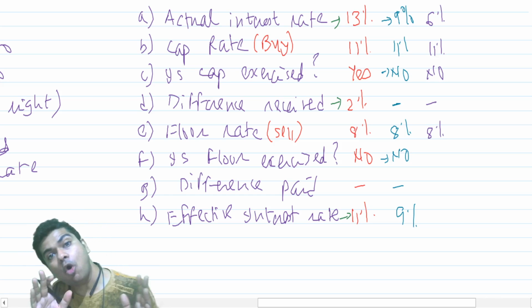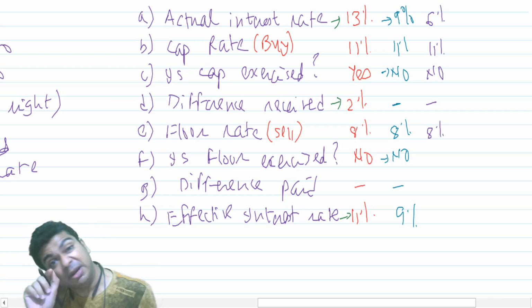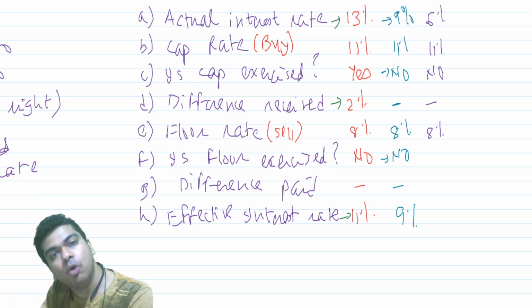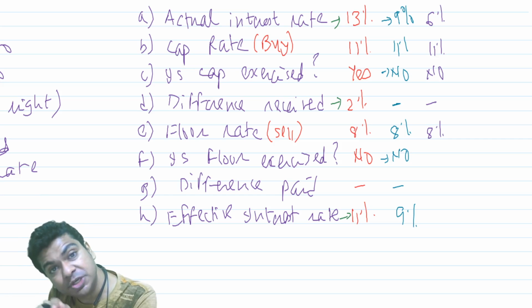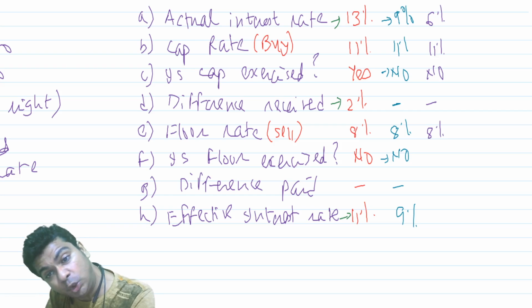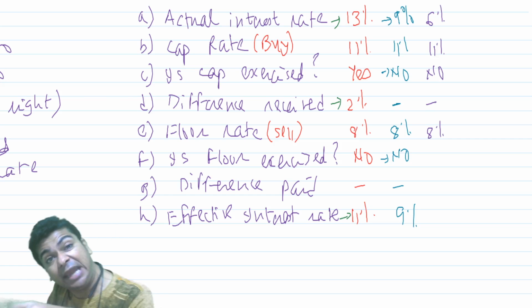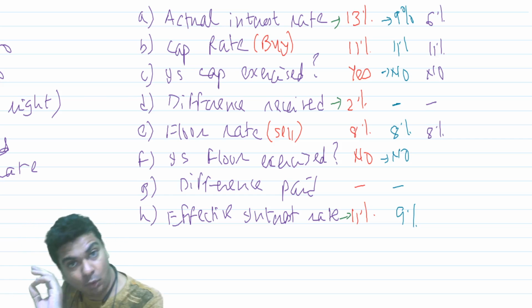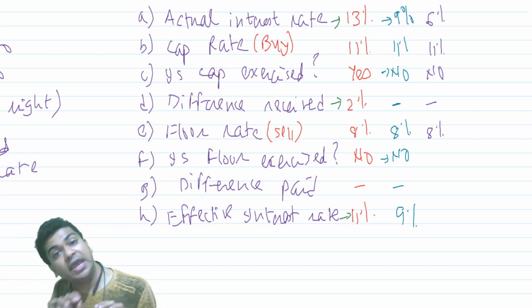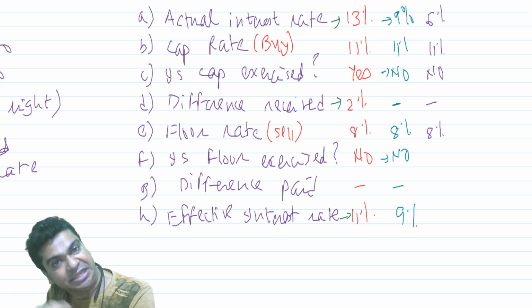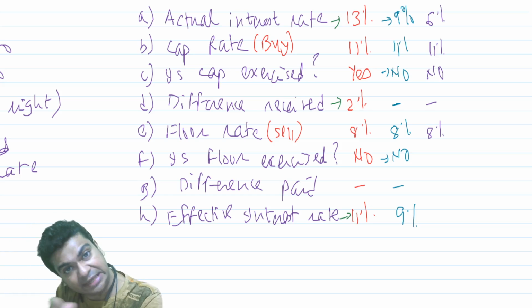Okay. Floor rate is 8%, but you have sold a floor. The person who has purchased the floor from you has a right to lend money at 8%. Right now, the interest rate is 6%. So if the person is lending at the actual rate, then that person can earn interest only at 6%.